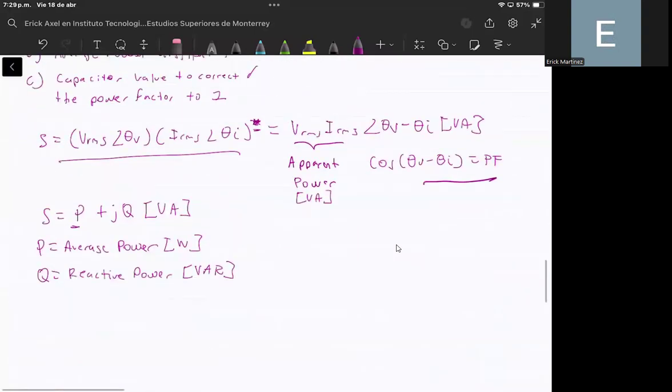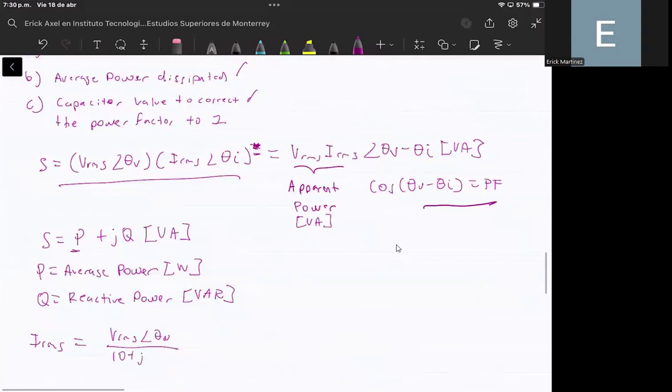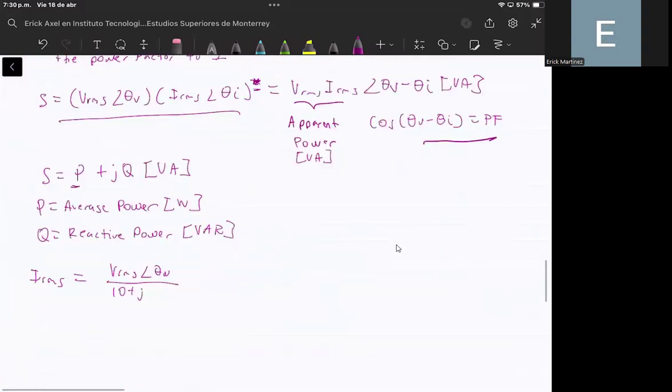To compute the current of the circuit, this is equal to the RMS voltage phasor divided by the impedance, that is 10 plus j12 ohms. We know the value of the voltage, that is 120 with an angle of 0 degrees volts RMS, divided by 10 plus j12 ohms.